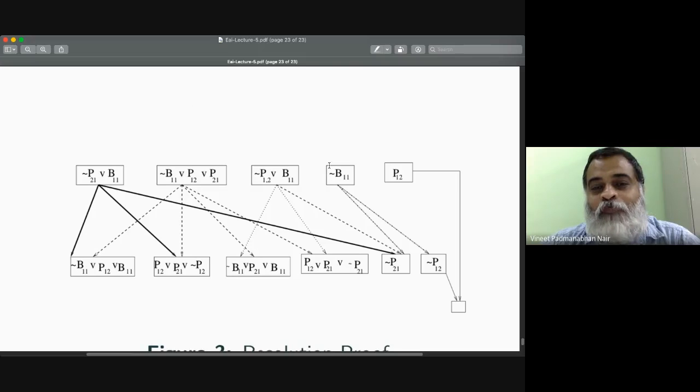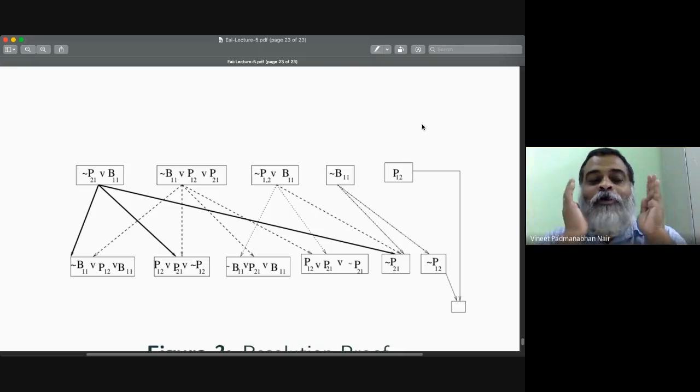Then I went to the fourth box, not P21 or B11 and not B11. There, not B11 will cancel with B11 and the remaining I am getting is not P21. That is why there are three dark arrows from the first box. And the first box and the fifth one, there is nothing, no cancellation.